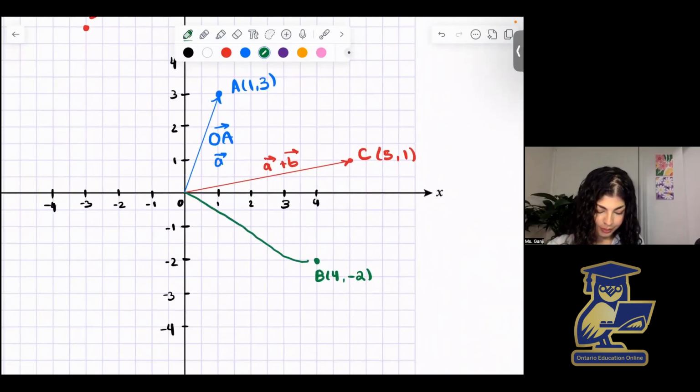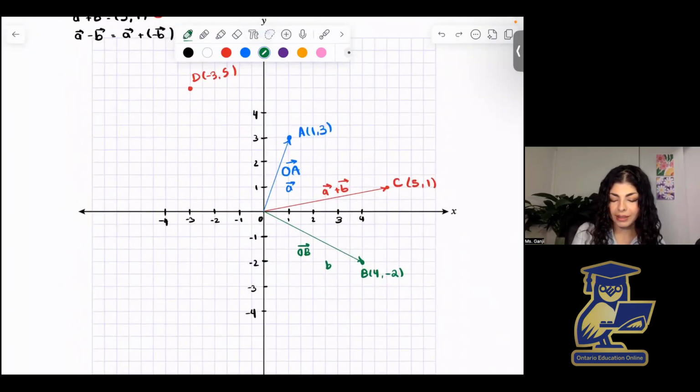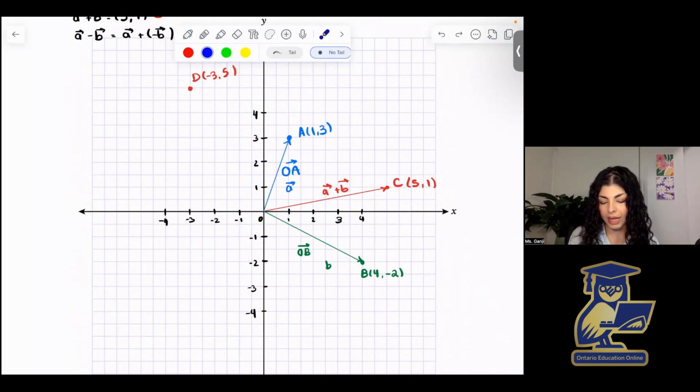And now that actually makes more sense, because I saw that my x component is greater, and I was like, that's not possible if we're going in the other direction. But now that makes sense because we have the 1 and the 4, so it ends up at 5. And here we have 3 and -2, and their sum will just be 1.